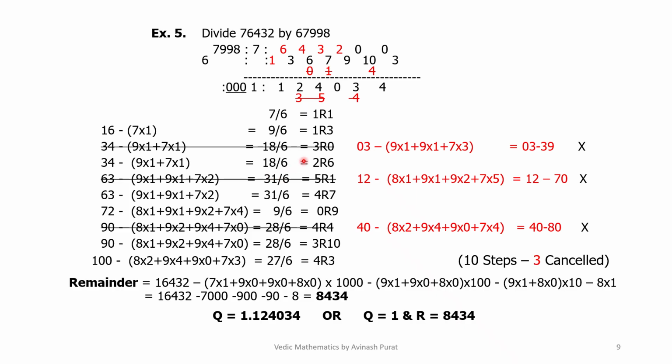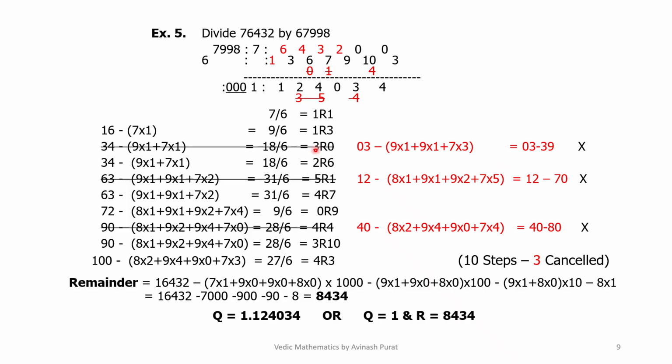If we take 3 as quotient, the remainder is 0, but the next dividend would be 0, 3 minus 9 into 1 plus 9 into 1 plus 7 into 2, 3, equal to 0, 3 minus 39. So we get a minus figure.